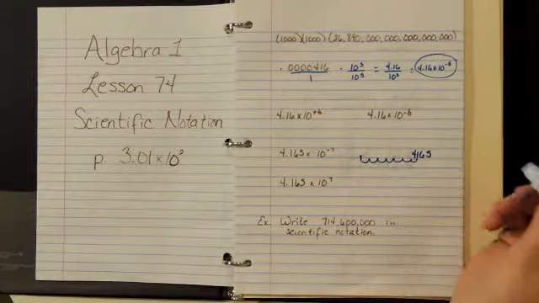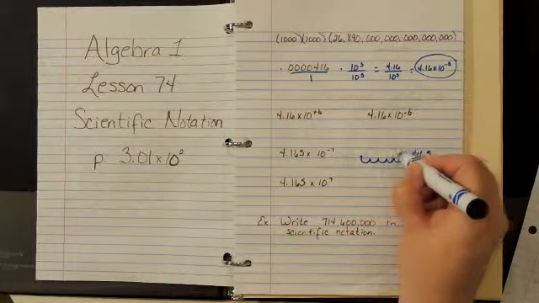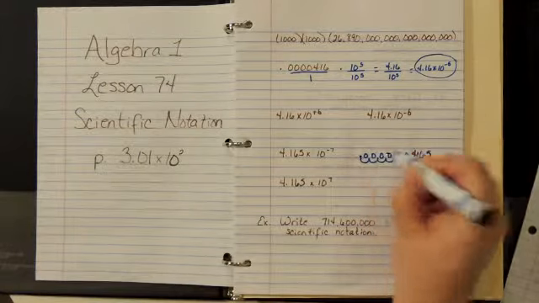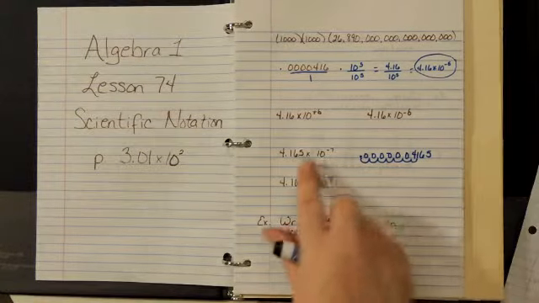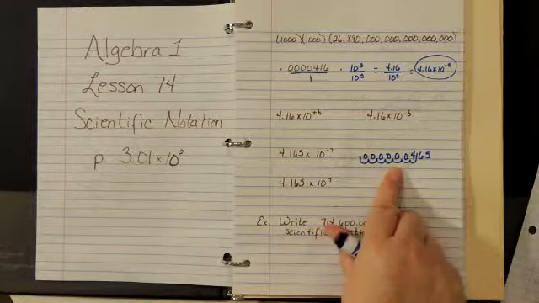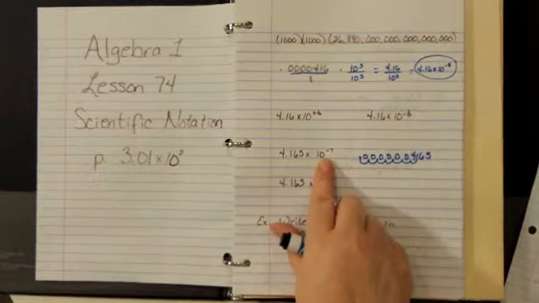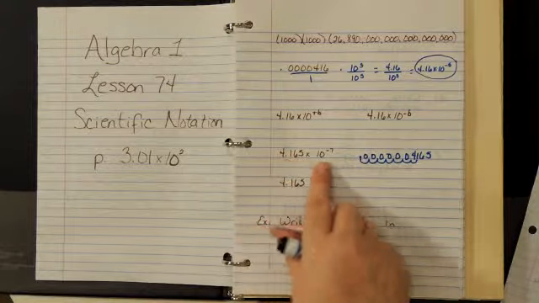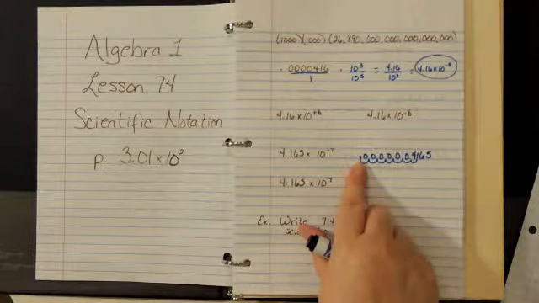So here's where the decimal is, and we're going to fill in all of these places with zeros. So this number is actually this number. This negative 7 is telling us that the actual position of this decimal is 7 places to the left.